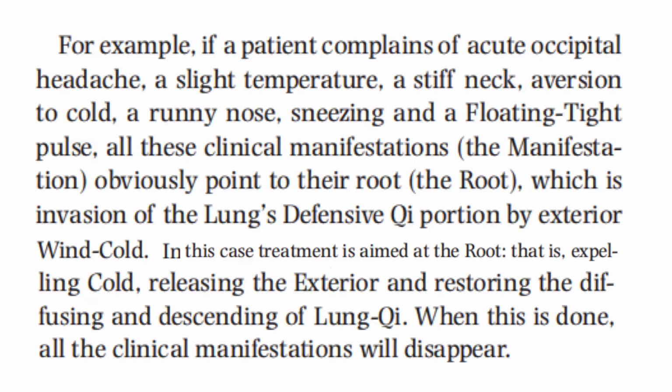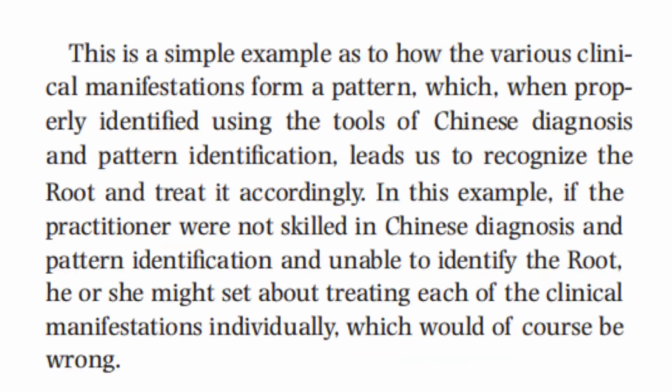In this case, treatment is aimed at the root, that is, expelling cold, releasing the exterior and restoring the diffusing and descending of lung chi. When this is done, all the clinical manifestations will disappear.